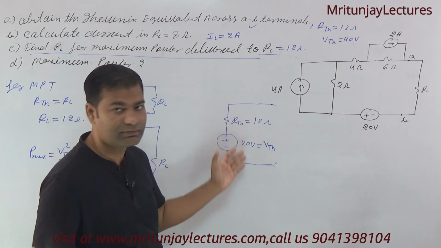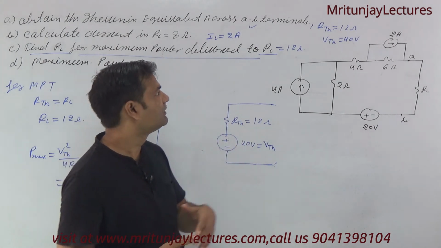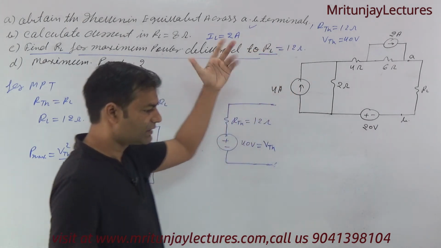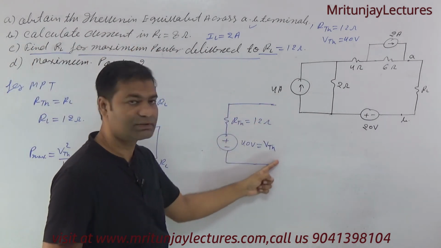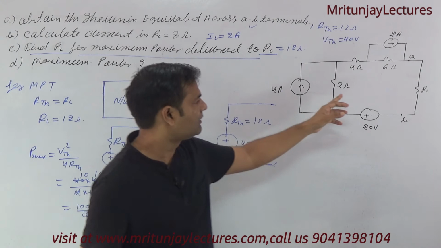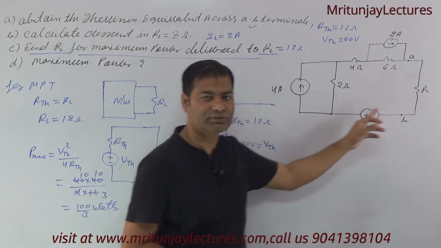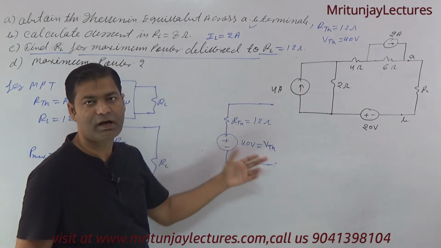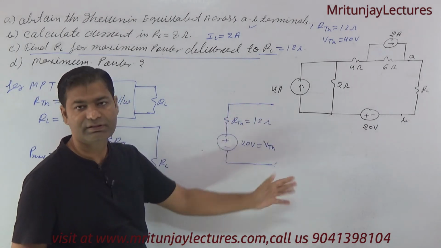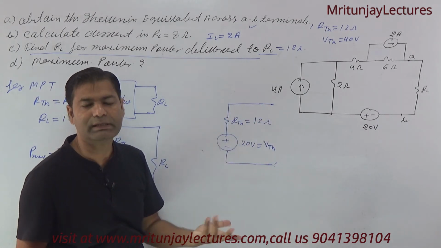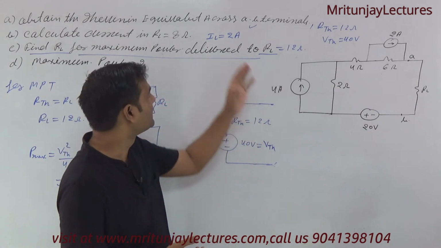After that, the first part is completed. Now the second one says calculate the current in RL. RL is connected in series here. After that IL is simply this voltage divided by total resistance. We got IL, which is 2 ampere.